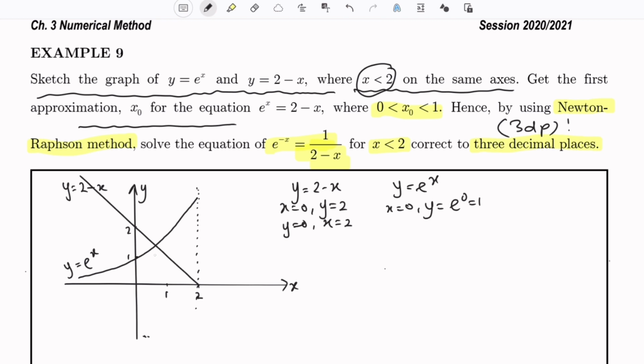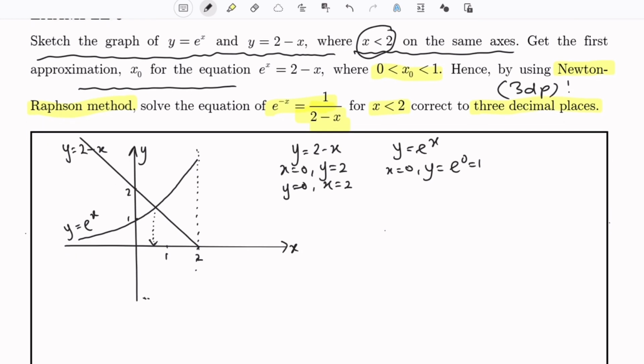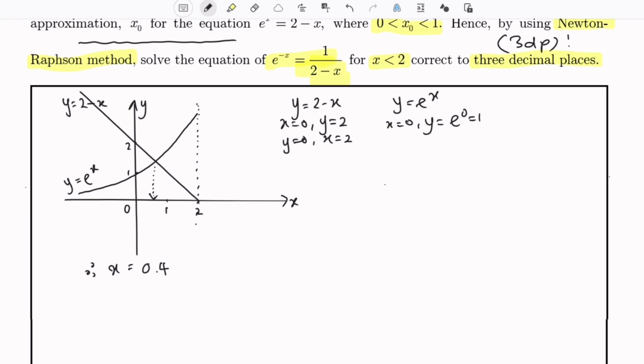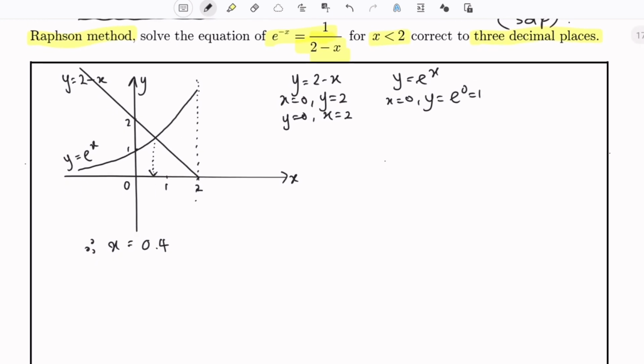So from the intersection of the graph, let's approximate the value. So let's say x is 0.4. So next, by using Newton-Raphson method, solve the equation. So we have e to the power of negative x equal to 1 over 2 minus x.